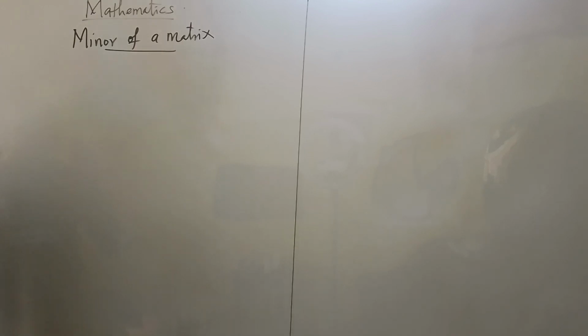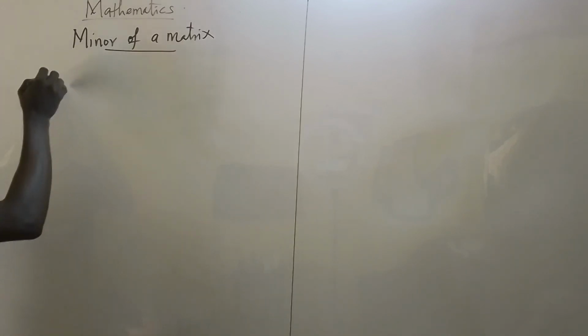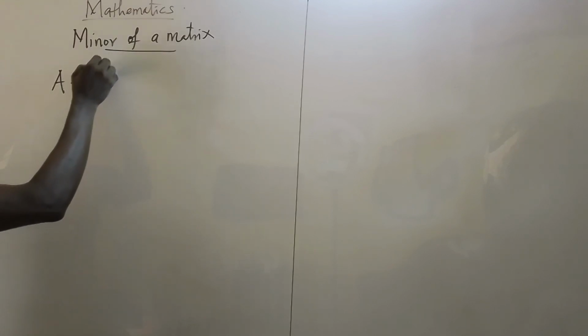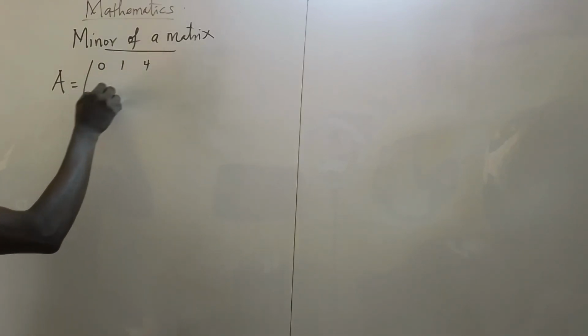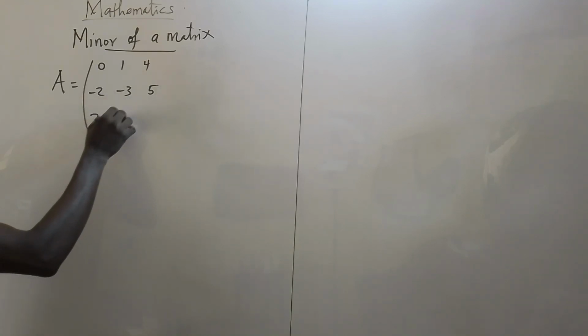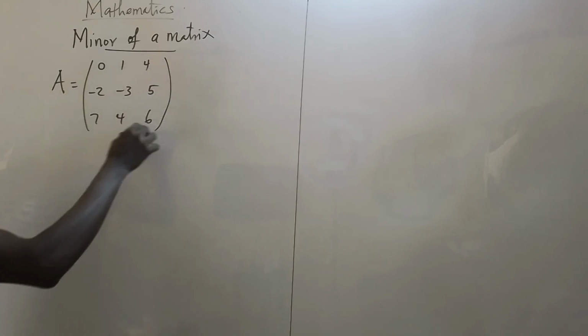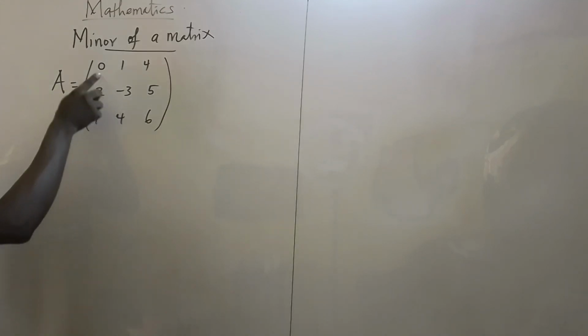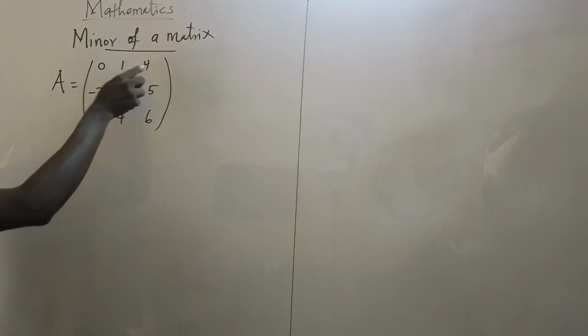So once the matrix is not a square matrix, you can't find the determinant. When we are given a matrix, let's say matrix A is the matrix of the elements 0, 1, 4, minus 2, minus 3, 5, 7, 4, and 6. Minor exists for this type of matrix, and it corresponds to each element.